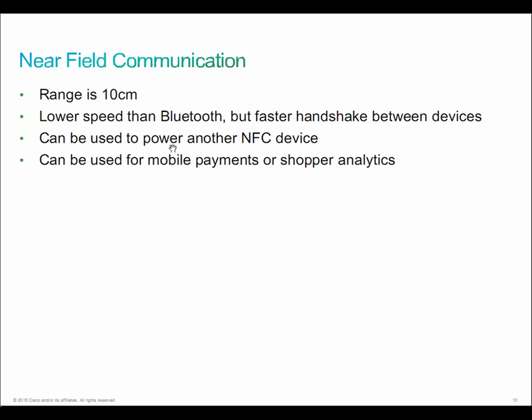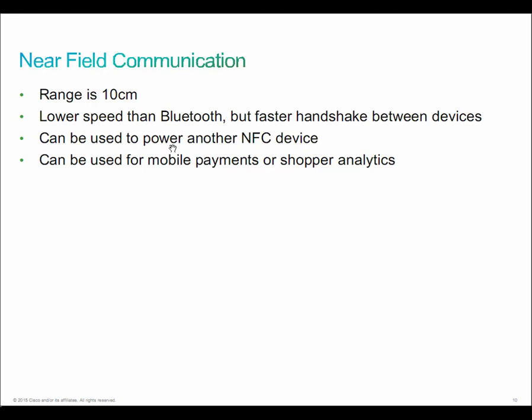Near field communication. As it describes, the range is 10 centimeters. So we've got to think, well, why would I want that? Well, there are a lot of reasons why you would want to communicate wirelessly within that proximity. I'll talk about some of the applications of this a little bit later on.